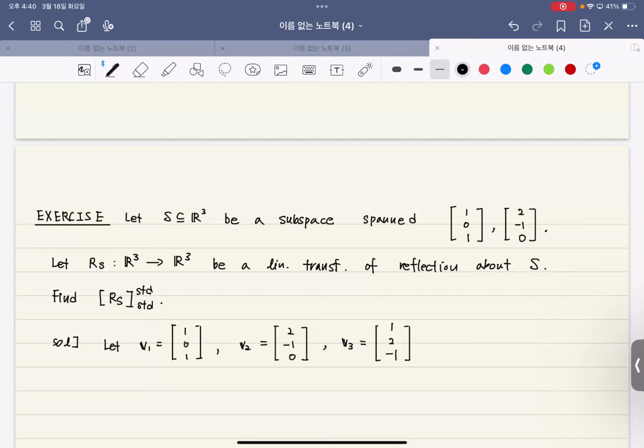It's not horribly complicated. So this is V3, and clearly V1, V2, V3 are linearly independent, so they are a basis of R3.